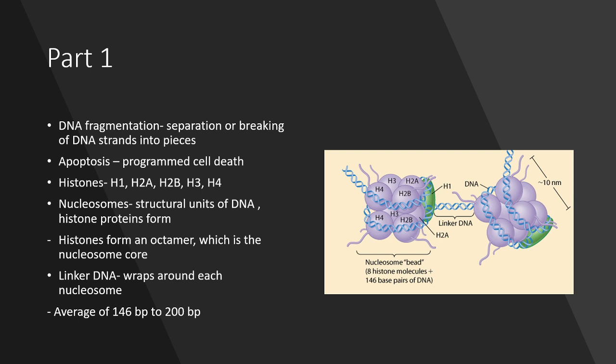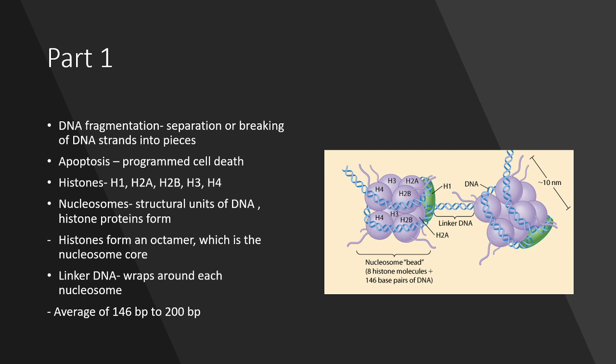Linker DNA wraps around each of these nucleosomes and stretches about 50 base pairs in length. The H1 protein binds to the linker DNA in order to facilitate the packaging of nucleosomes into fibers of 30 nanometers each. An average of 146 base pairs to 200 base pairs of DNA wraps around a single nucleosome.